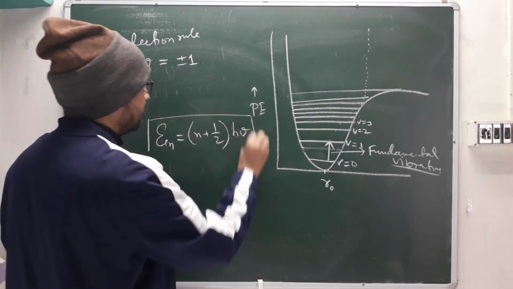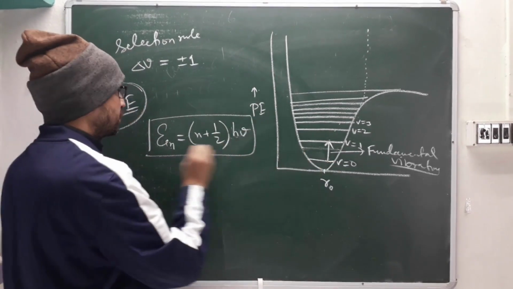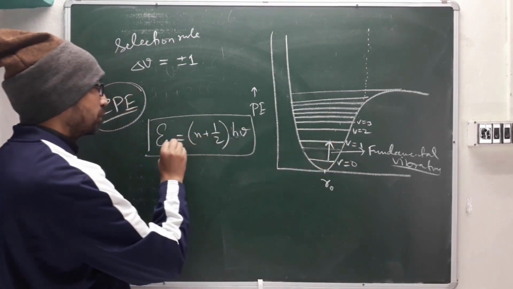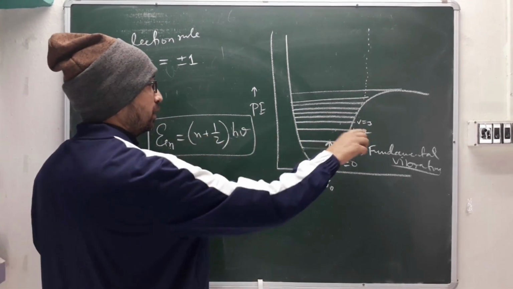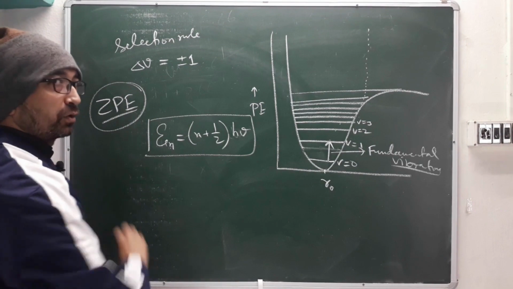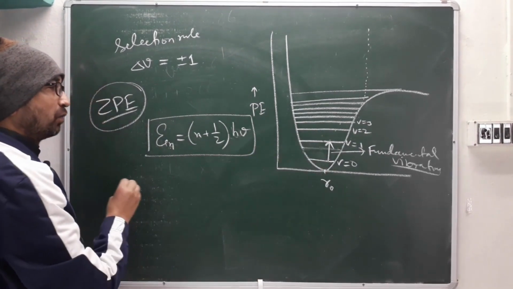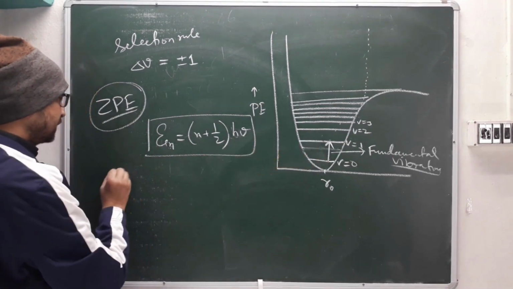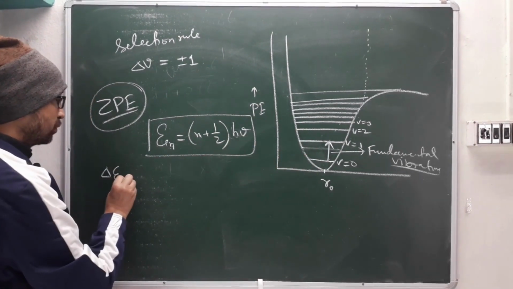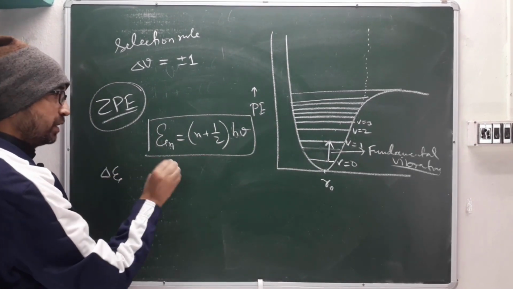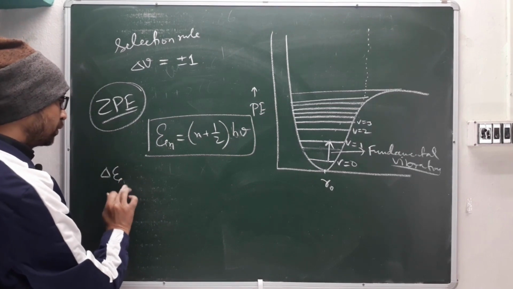This is the energy, and n is like v equal to 0, you have to put 0, v equal to 1, you have to put 1. If it is 2, here also it will be 2. And what will be the two successive energy differences? If you are just writing the energy, like energy 2 to 1 or 1 to 0.